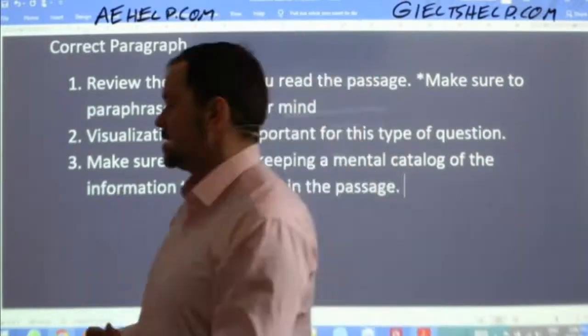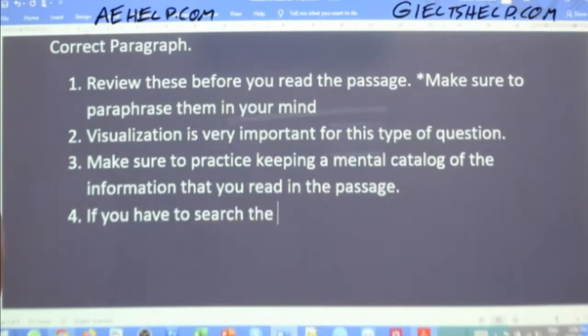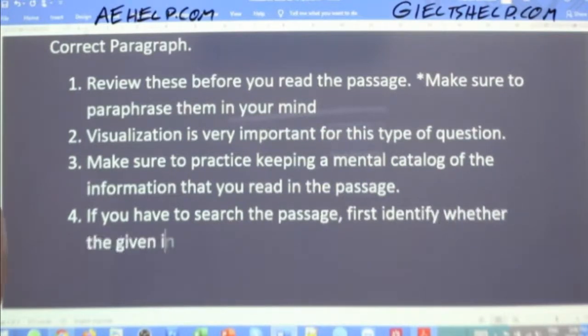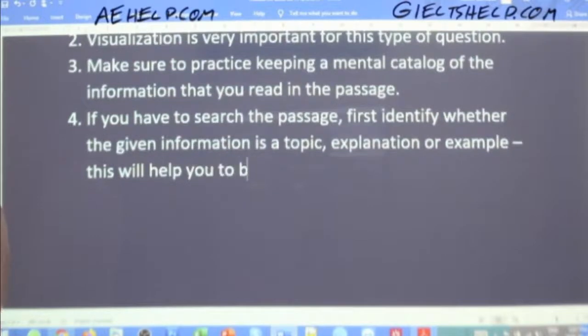Now, one more step that you can take here too, Preeti, is identify. So if you have to search the passage, first, identify whether the given information is a topic, explanation, or example. Okay, this will help you to better locate the information.